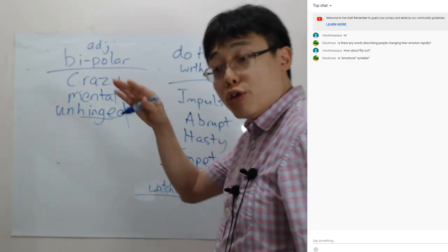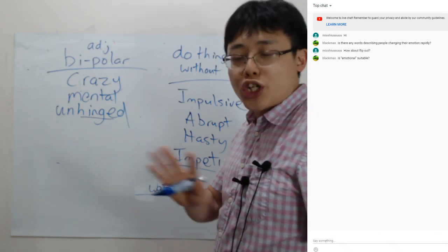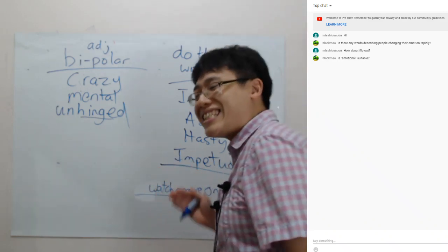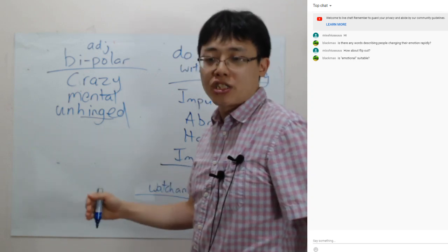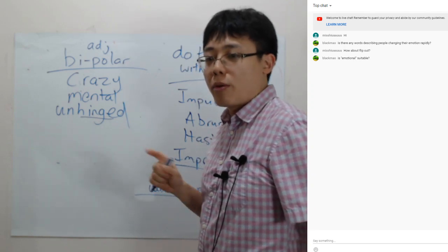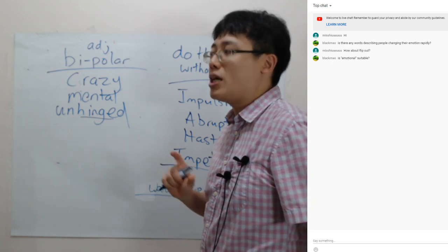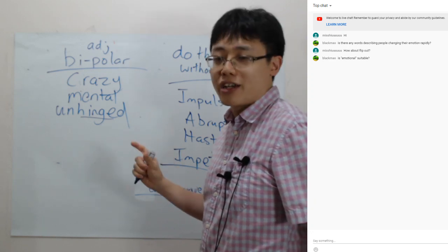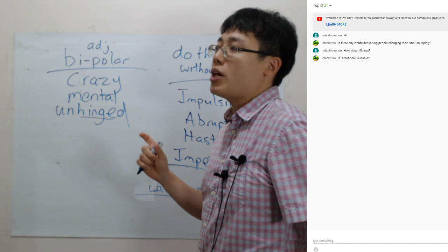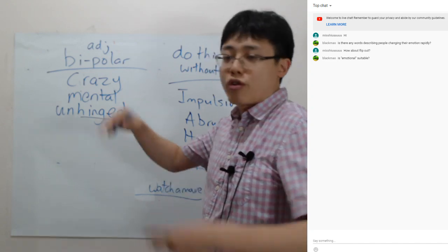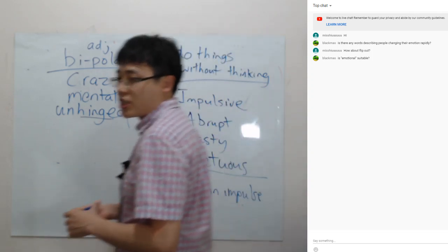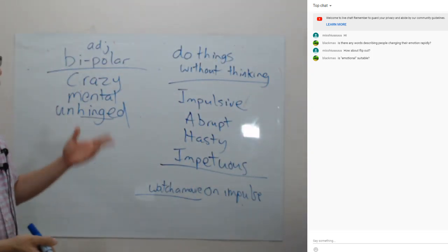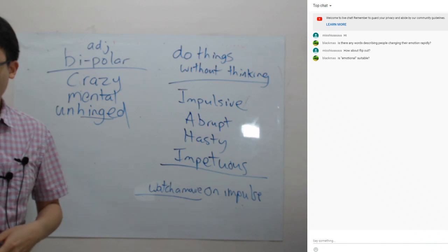Maybe their mood does change, but it might not change at all. Emotional could mean that they stay one way, like they stay depressed for a long time. So emotional can have many meanings. It's usually negative, but it can also mean that they have extreme emotions. So it has two different meanings usually. It doesn't always mean that they're bipolar or switching all the time.